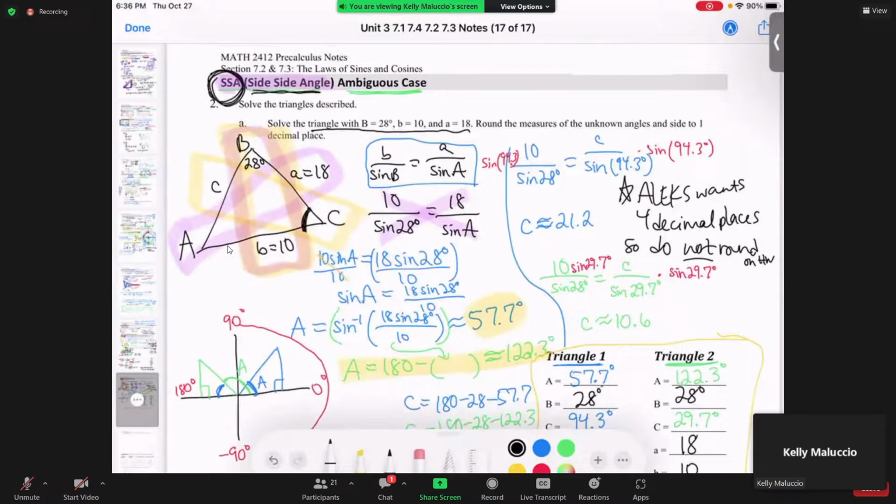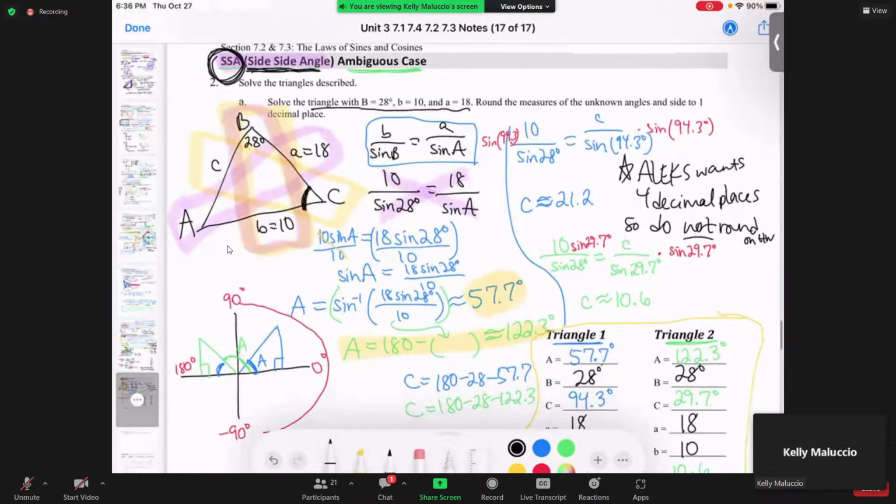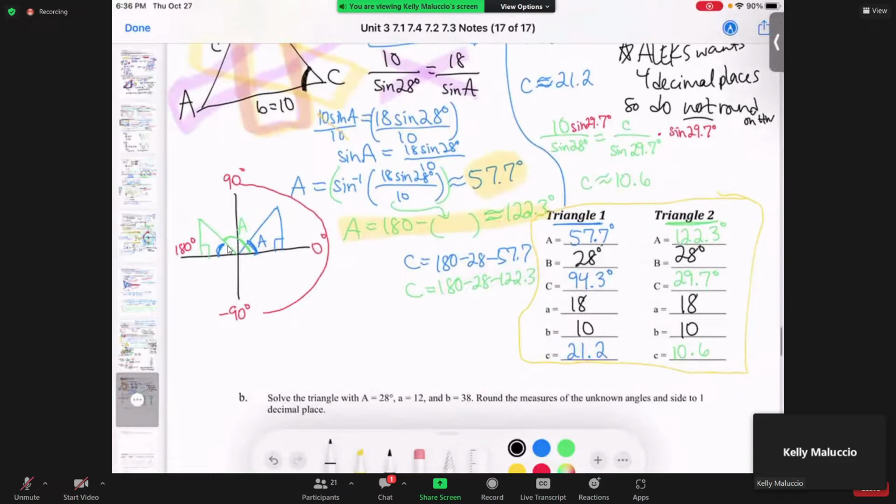It doesn't really have to do with sine or cosine. It has to do with, they give you side angle, because we might be able to use cosine in a different way later, but they give you side angle, and that's when you know, okay, this is the ambiguous case, and I'm going to have to figure out what the heck's going on here, right? So hopefully that answered all the questions.